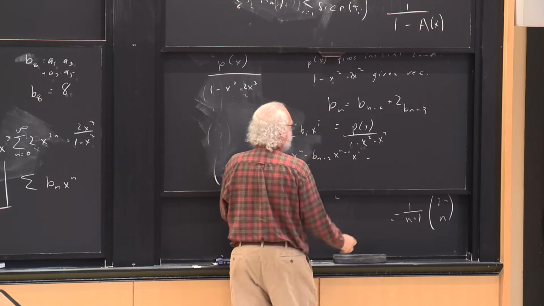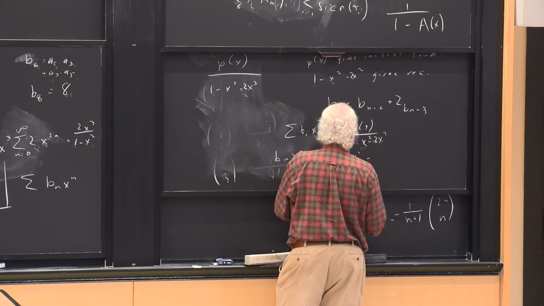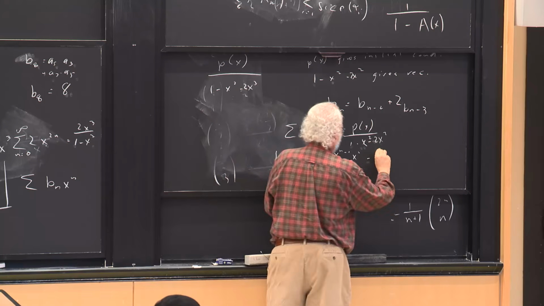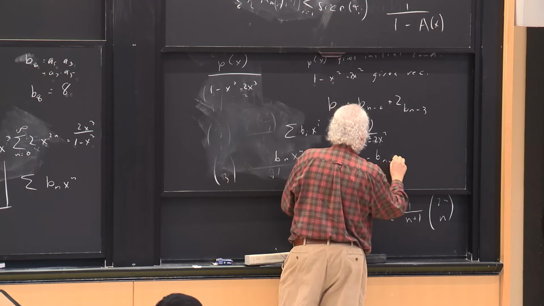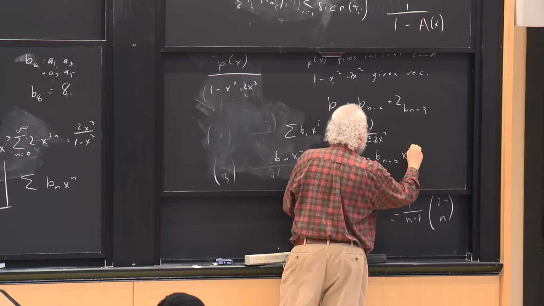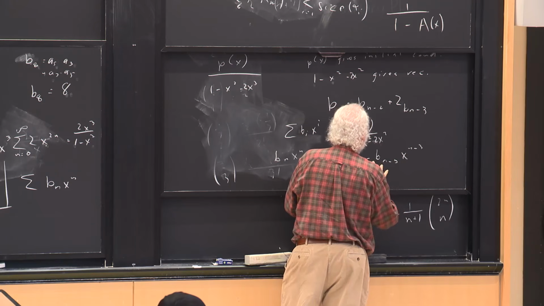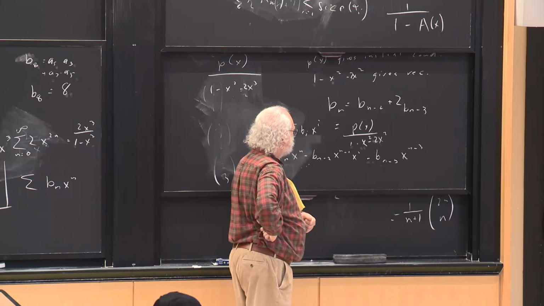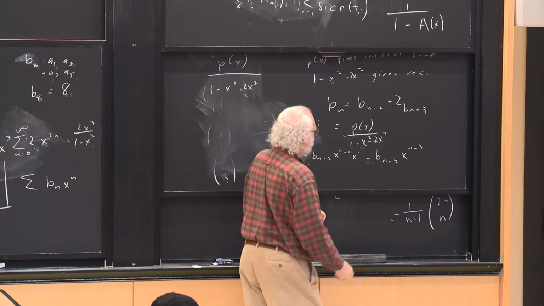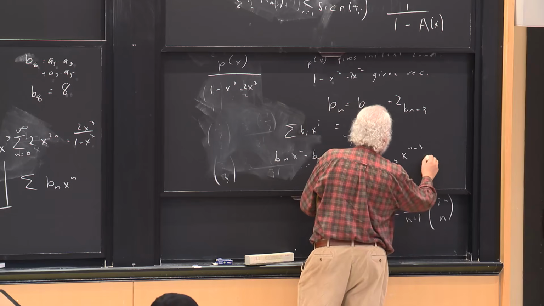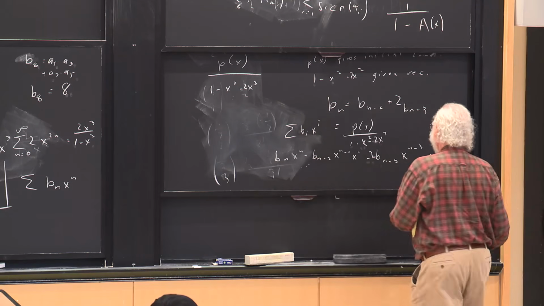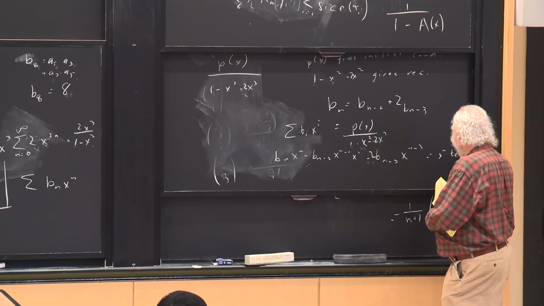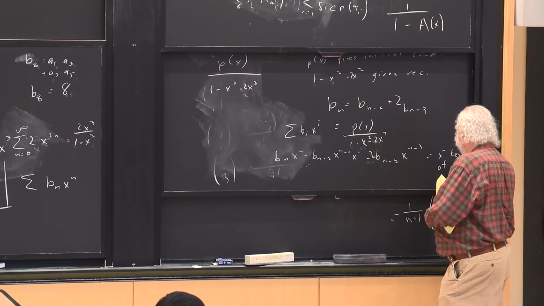Oh wait, this had a 2, minus 2 b sub n minus 3 x to the n minus 3, equals the x to the n term of p of x.